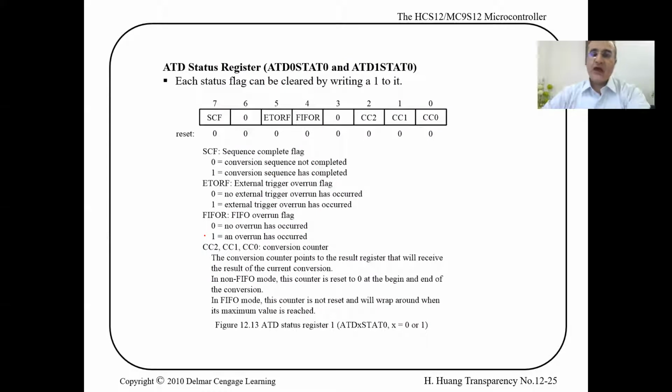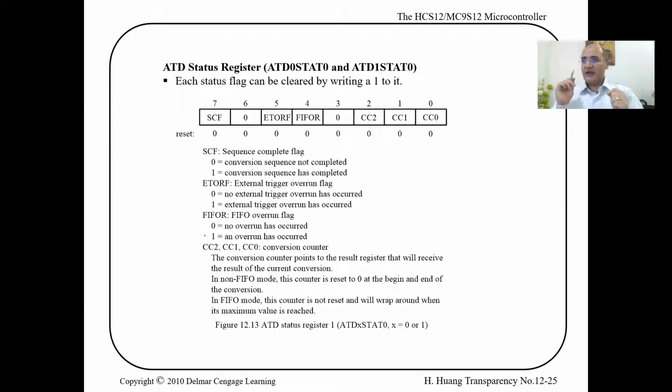Now, when I write to register 5 and start converting, I need to wait for a while, right? I need to wait for a while to finish the conversion. How do I know that the conversion is done, it's over and the data is ready to be read?